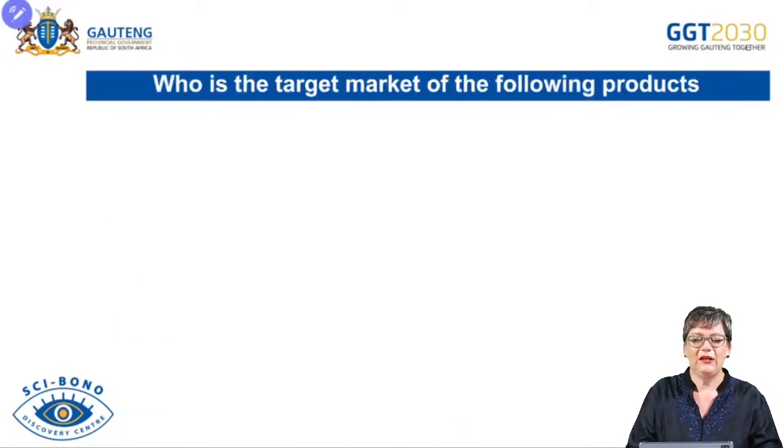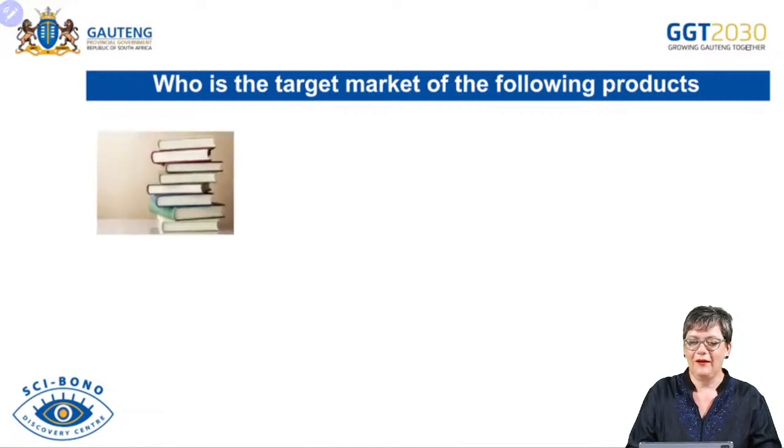But let's quickly do a little exercise just to show you. I need you to look at the picture and try to figure out who is the target market for the following product. If you just look at that one, I see a range of books. This can be students who are studying and need to buy books, or learners, or somebody who's doing research.